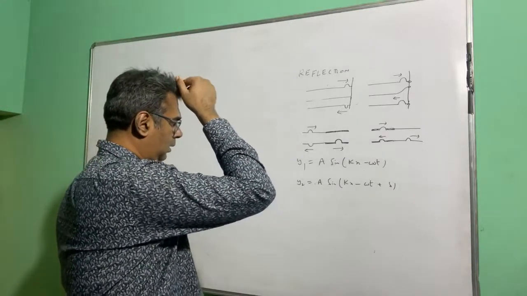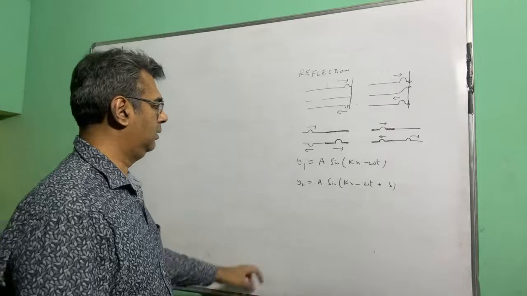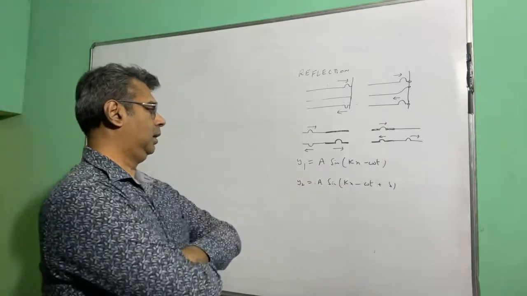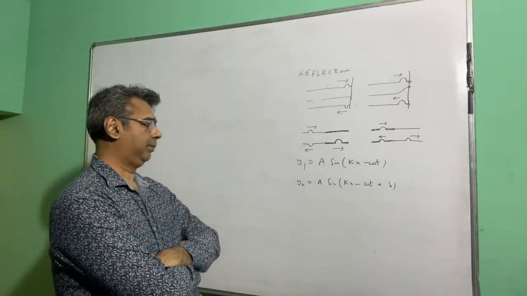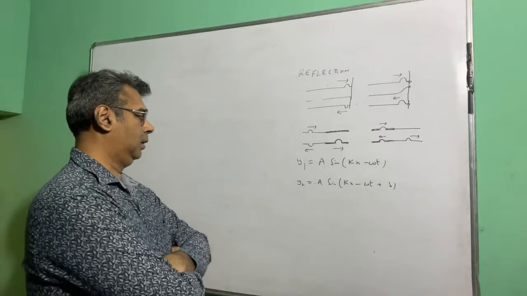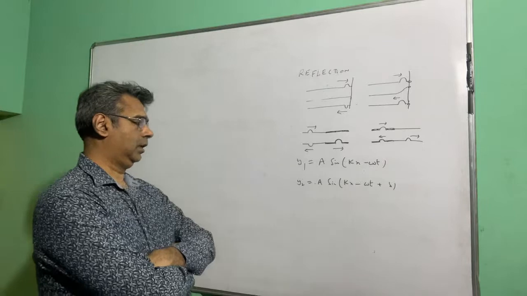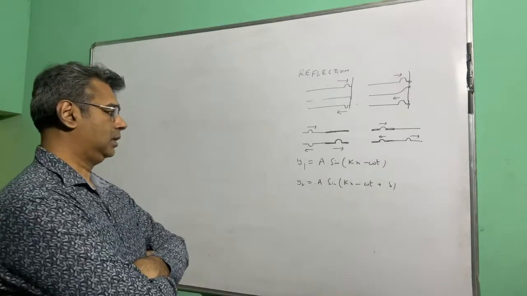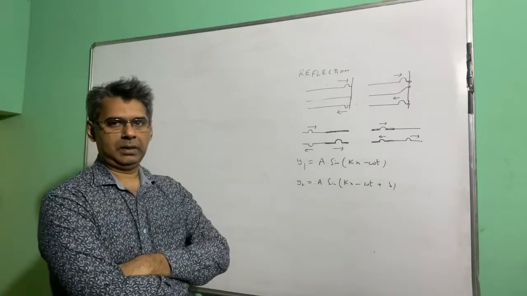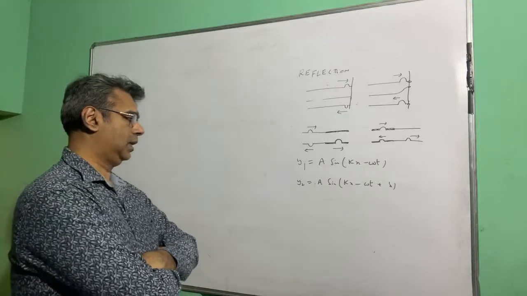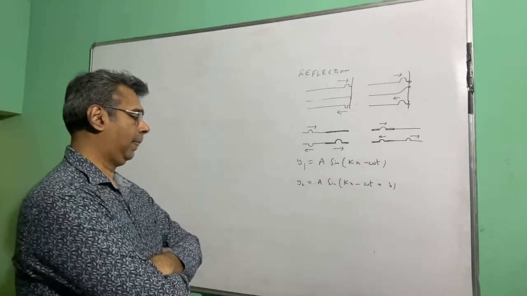Okay, so y1 is a sine kx minus omega t, and y2 is a sine kx plus omega t plus delta.